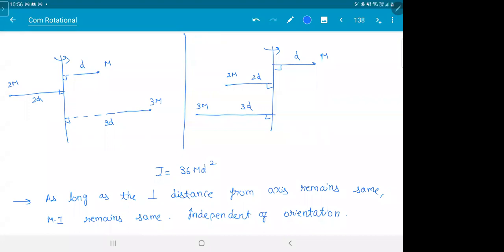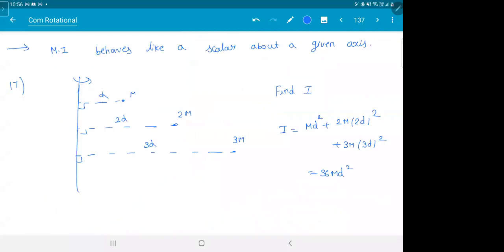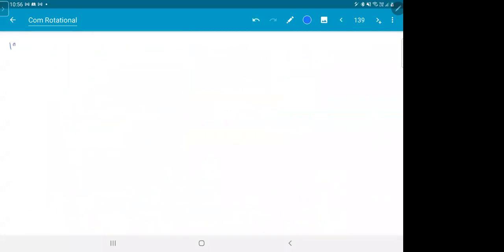Next. A particle of mass 2 kg is at 1 comma 2 comma 3.